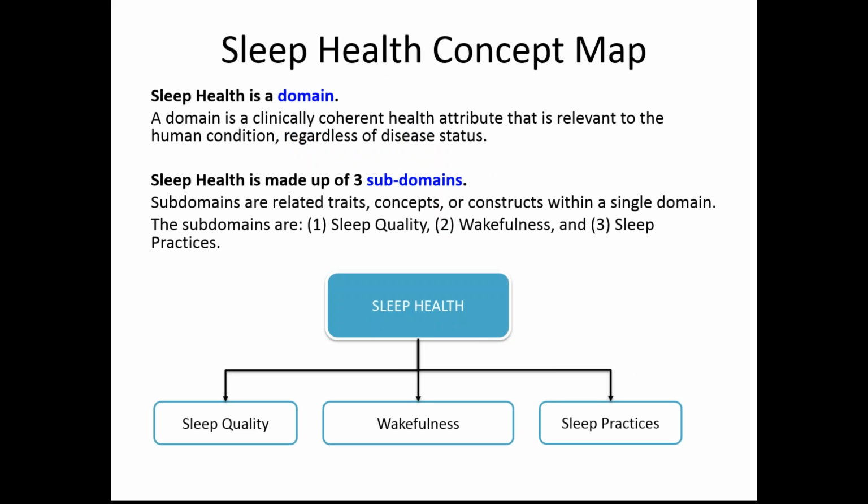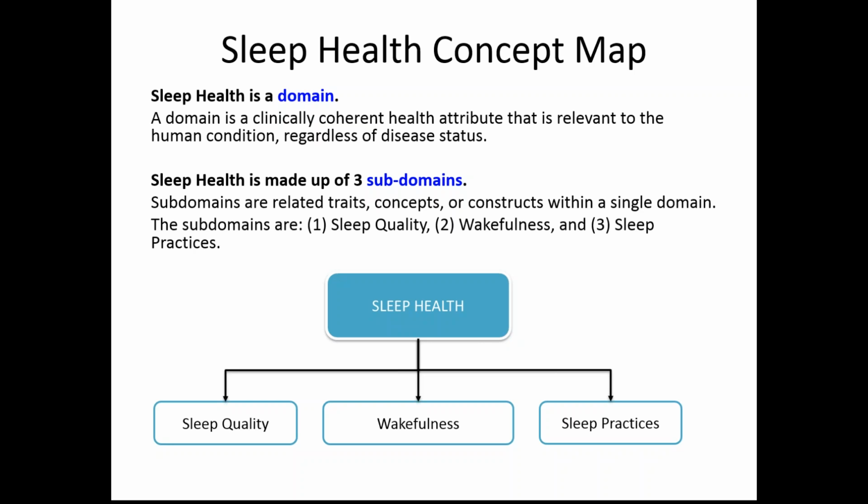That is, it's universally relevant to the human condition, regardless of disease status. The idea here is that we're not out to develop a measure of cancer-specific sleep health or asthma-specific sleep health. We believe sleep health is a set of experiences that we all are exposed to over the course of the day and our lives.